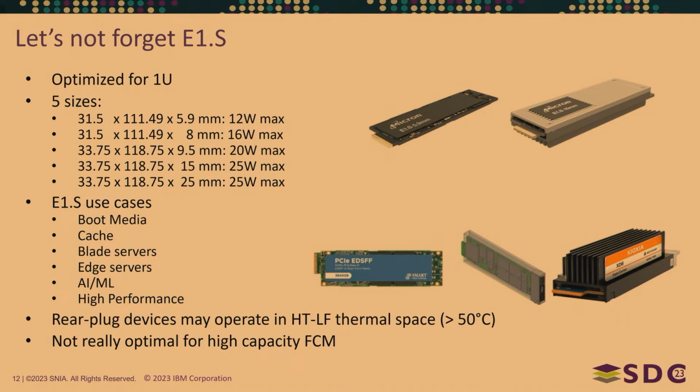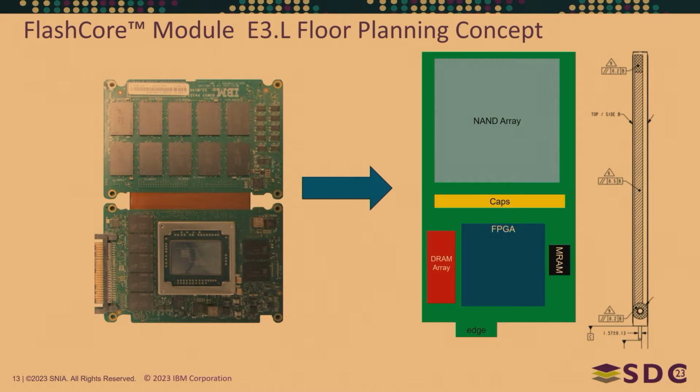They might operate in the high temperature, low flow thermal space, requiring that you can tolerate ambient temperatures of 50 degrees or more. And it's not really optimal for our high-capacity FlashCore module. These are really interesting form factors, but if we're trying to offer the most terabytes in a certain space, these are not exactly what we'd be looking for.